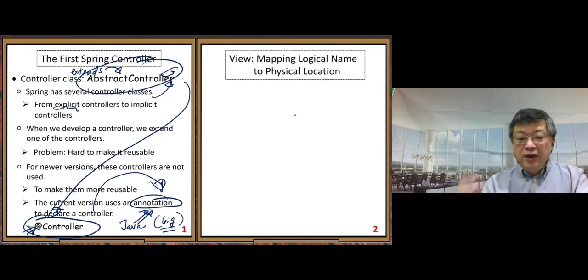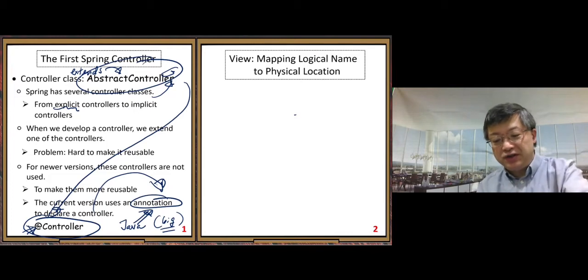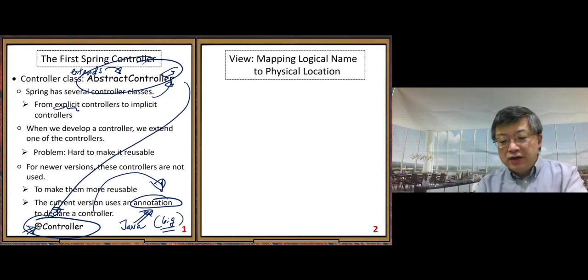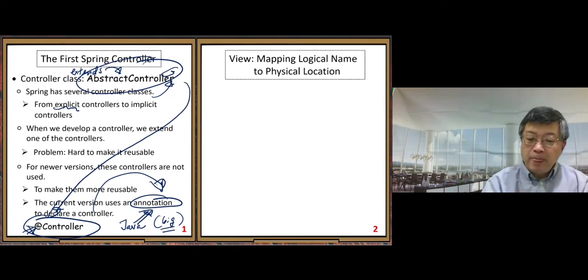Next, view: mapping logical name to physical location. Model view controller. So now we need to look at the view part. For the view part, first the concept: logical name and physical location.